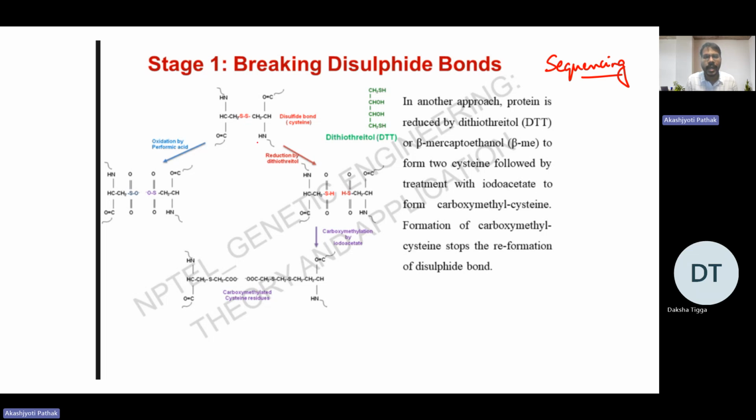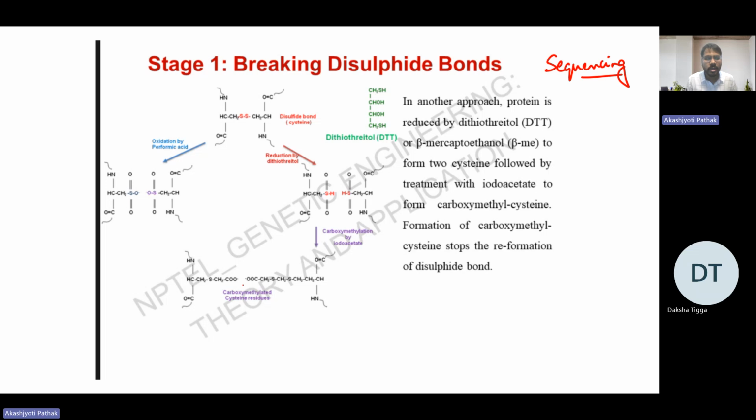You can either treat your protein with reducing agents like DTT or beta mercaptoethanol, or you can treat it with oxidizing agents like performic acid, which results in formation of cysteic acid residues. Okay.